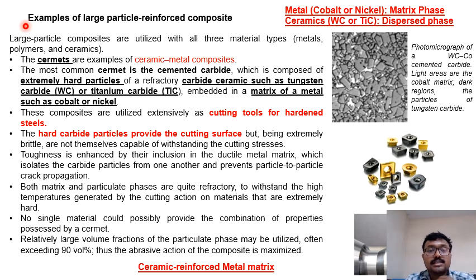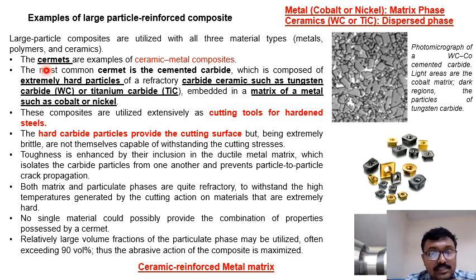Next, example of a large particle composite. That is metal, in this case cobalt or nickel as the matrix phase, and ceramic as the dispersed phase. Large particle composites are utilized with all three material types: metal, polymer, and ceramic.